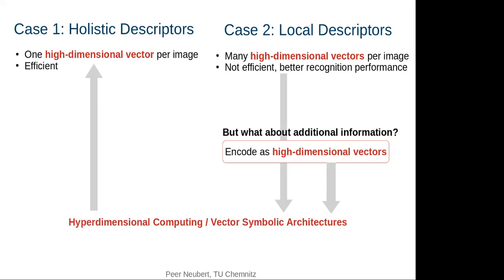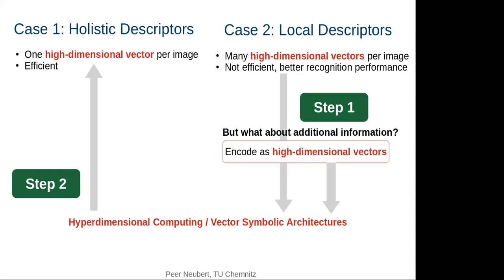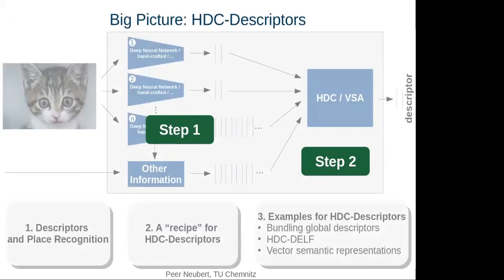And so we have these two steps, first encoding elementary information, and then combining them with those HDC operators. So we can take these two steps, step 1 and 2, again, to our initial big picture. So the deep neural networks and other encoding of other information is step 1, and here we have step 2.